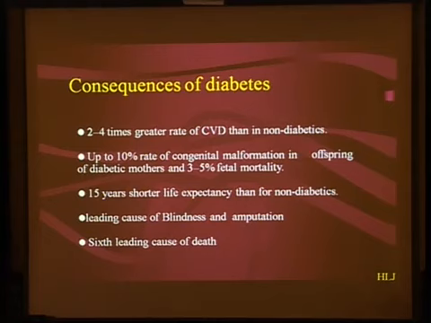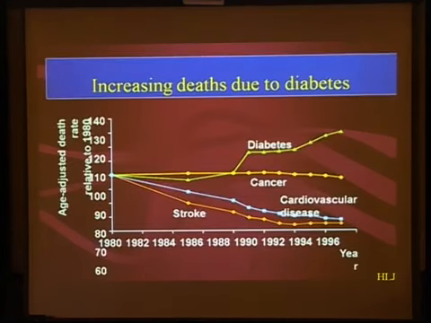There is a 15 years shorter life expectancy than for non-diabetic patients, it is the leading cause of blindness and amputation, and also the 6th leading cause of death. And if you look at this slide, you'll find that the death from stroke and cardiovascular disease started to decrease. Cancer is the same, but diabetes is increasing more and more. So the risk of mortality in diabetic patients is very high.